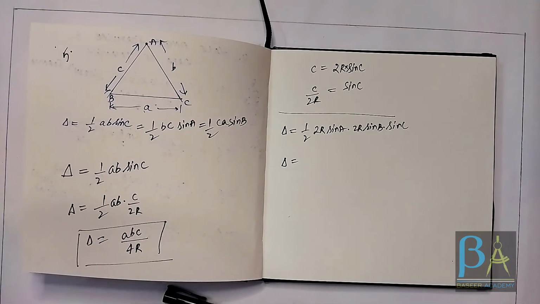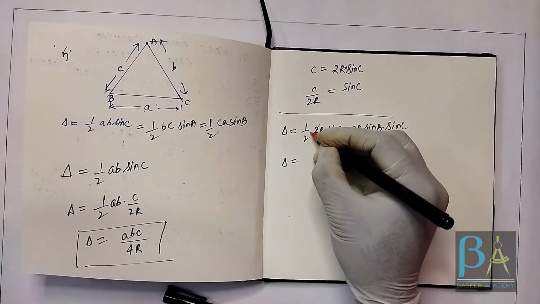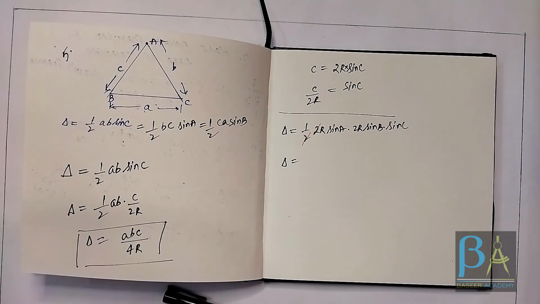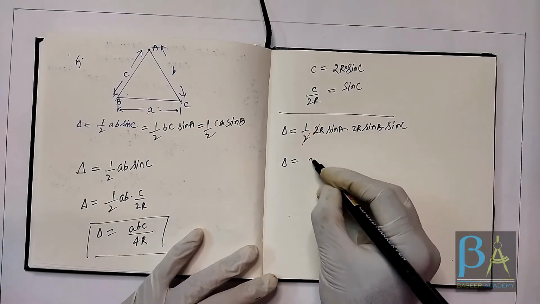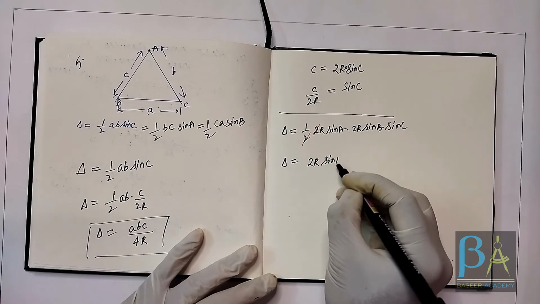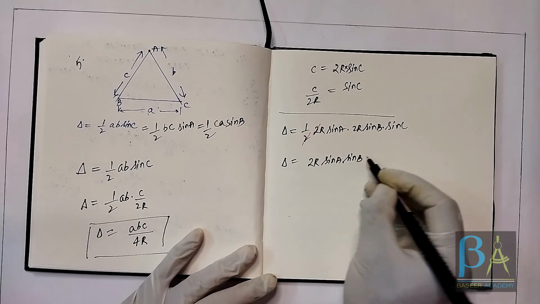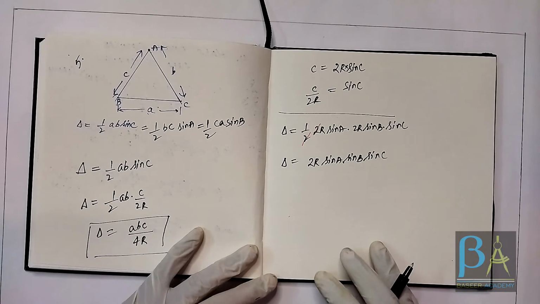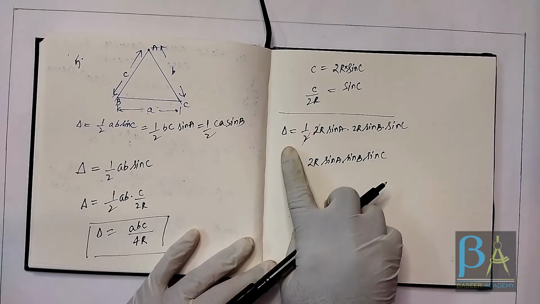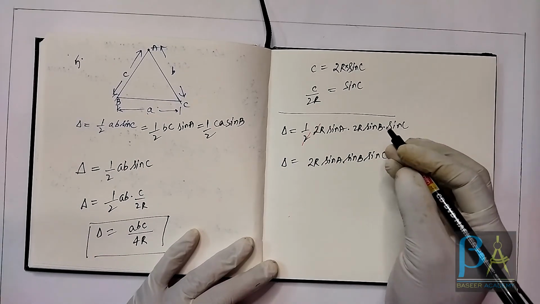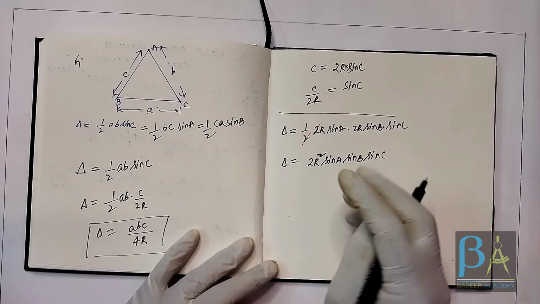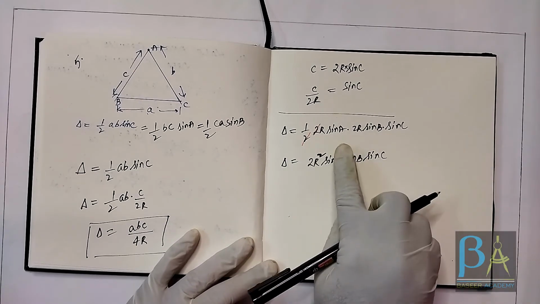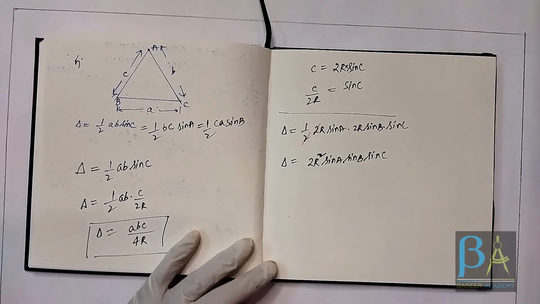The 2 from the numerator and the 2 from the denominator cancel out, and you are left with 2R sine A sine B sine C. This is one other thing that we got here. Area of a triangle is 2R square, because R into R gives us R square, isn't it? So area of a triangle is 2R square sine A sine B sine C.